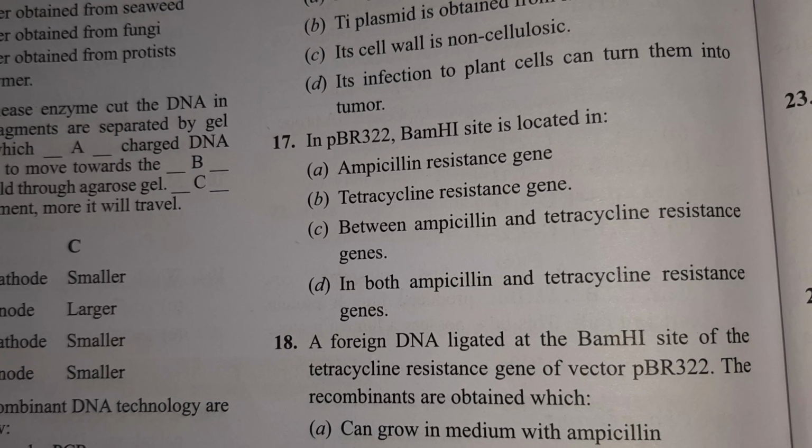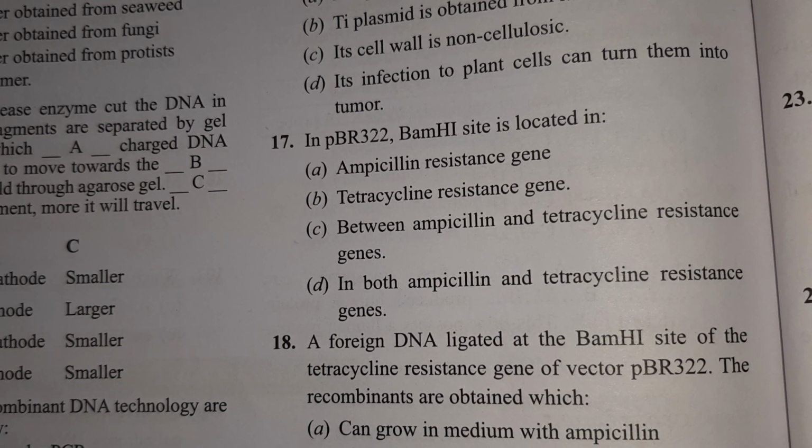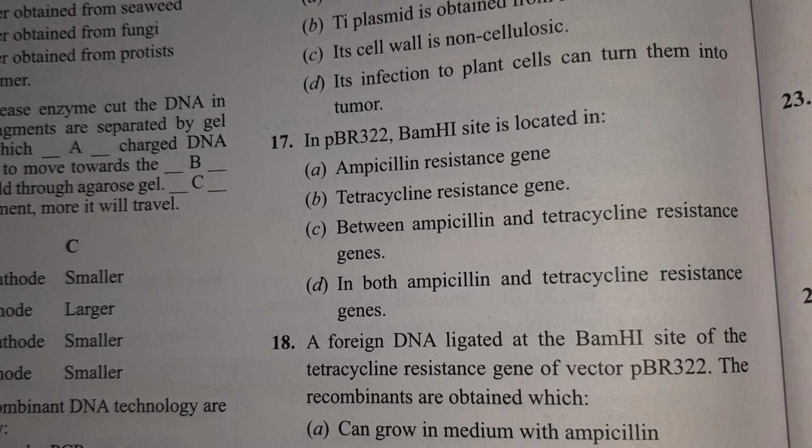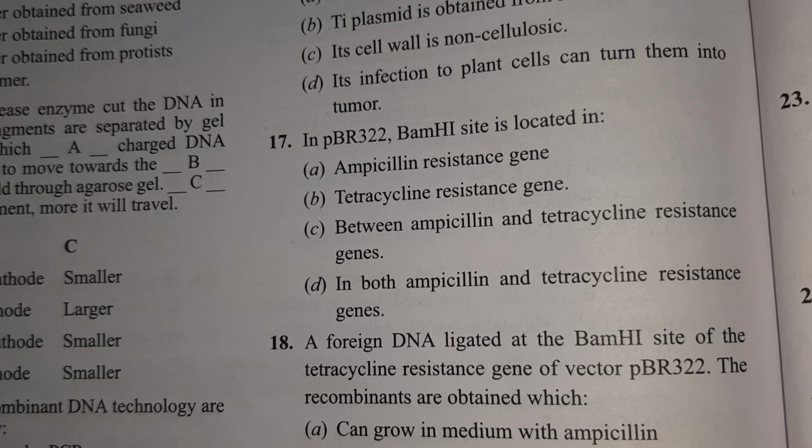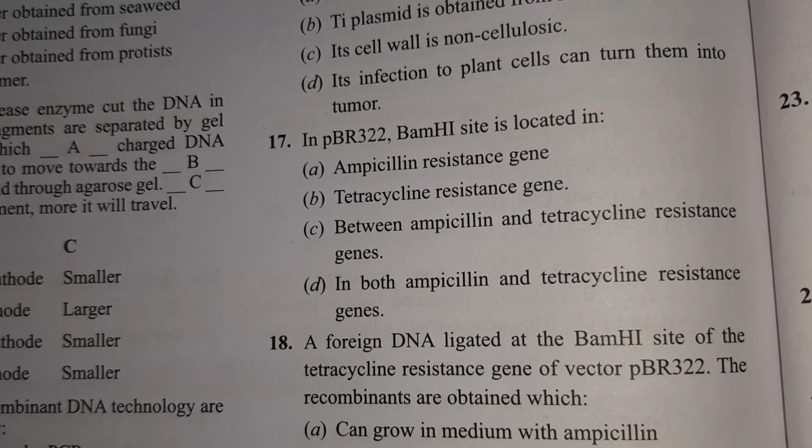Next question. In pBR322, the BamHI site is located in A. Ampicillin resistant gene, B. Tetracycline resistant gene, C. Between ampicillin and tetracycline resistant gene, D. In both ampicillin and tetracycline resistant gene. In order to answer this question, you need to have an idea about the pBR322 locations.